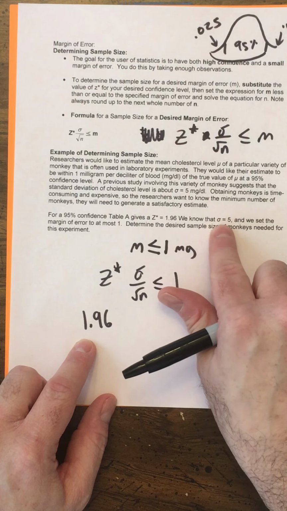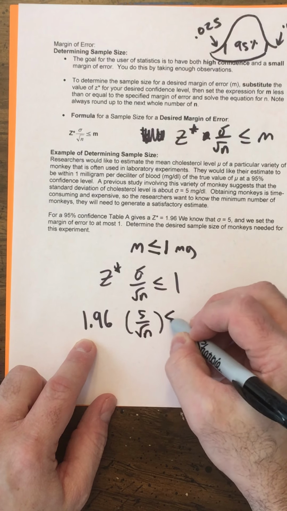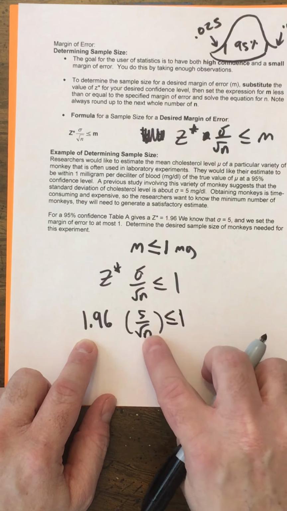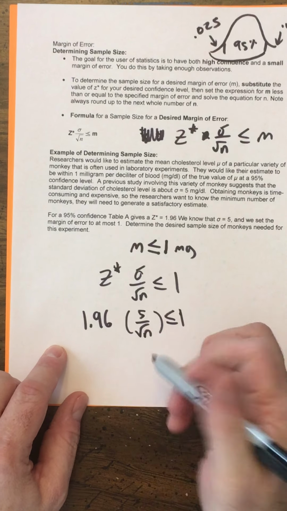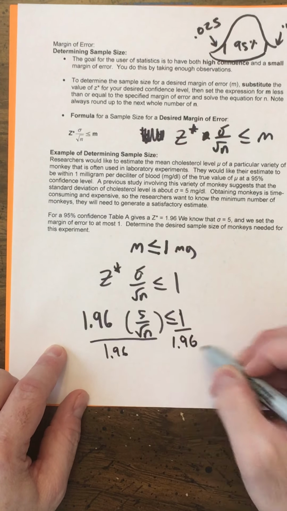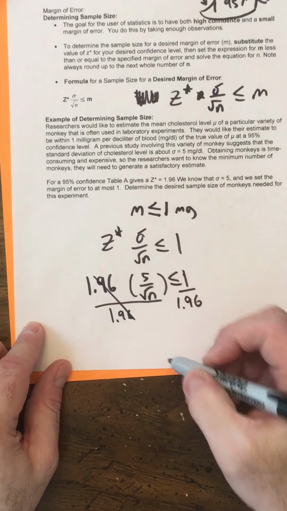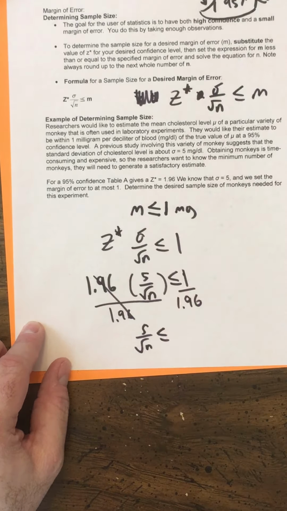Now they're giving us the sigma is 5, and n is what we want to figure out in order to make sure that our margin of error is less than 1. So what you're going to do here is let's divide both sides by 1.96. And that's going to be, this side cancels out. You get 5 over the square root of n is less than or equal to about 0.5102.